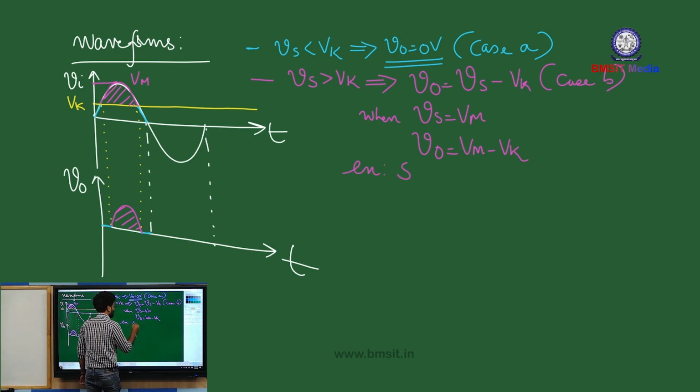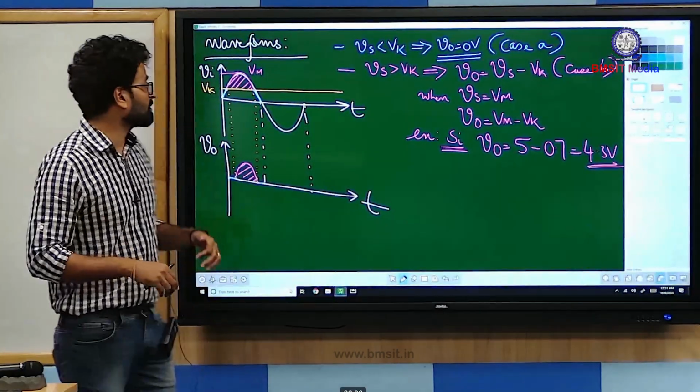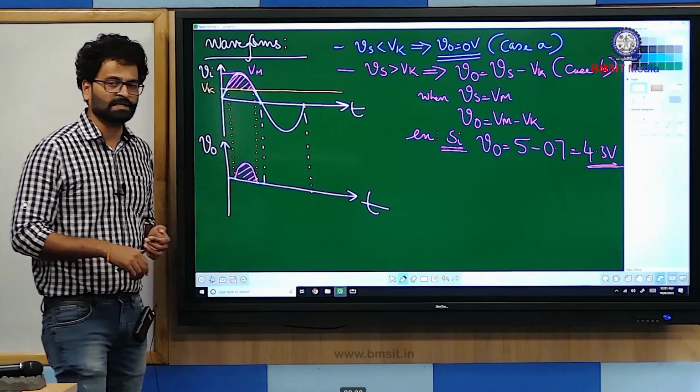For example, if you consider a silicon diode and let's say the amplitude of the source signal is 5 volts, then your output amplitude is going to be 5 minus 0.7, which is 4.3 volts.